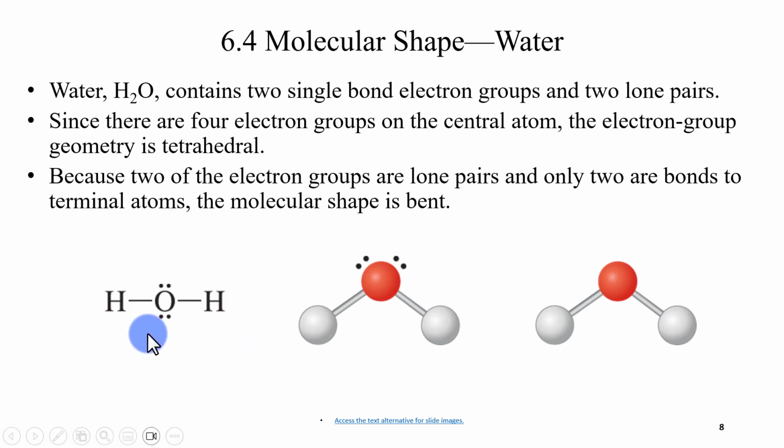When I go down and I have 4 electron groups around the central atom, but I only have 2 atoms now bonded to the central atom, I still have tetrahedral geometry for the electron groups, but the shape of the molecule becomes bent. Okay?